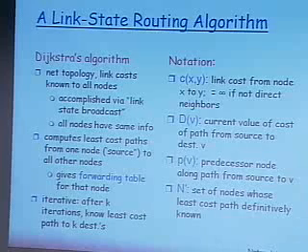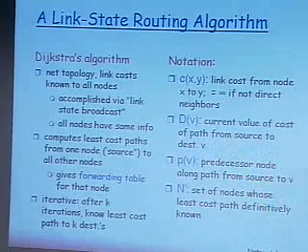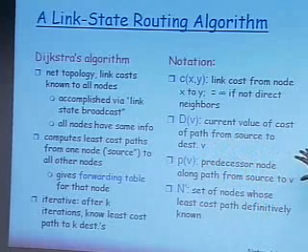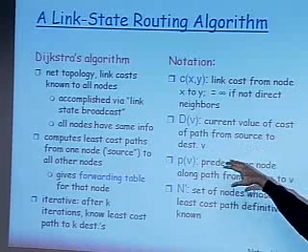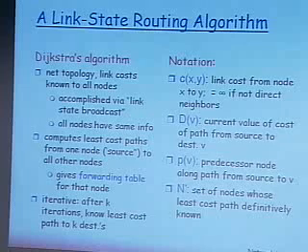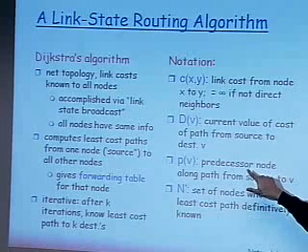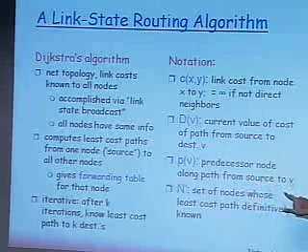Otherwise, it's the link cost. D of V is the current value of cost of path from source to destination V. This is going to be updated as the algorithm iterates. P of V is the predecessor node along the path from source to V.